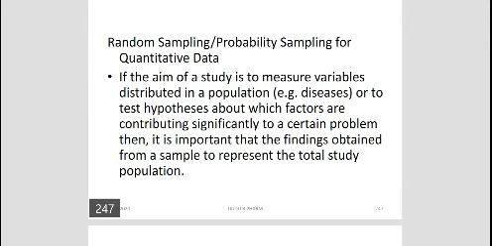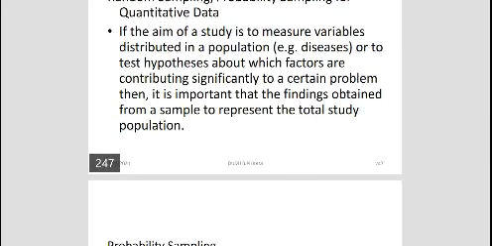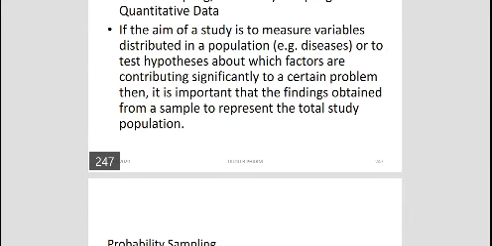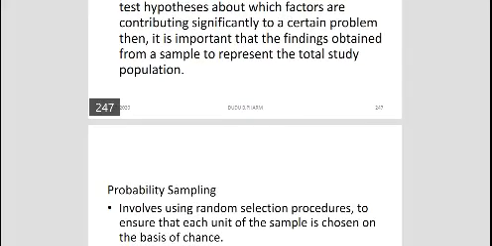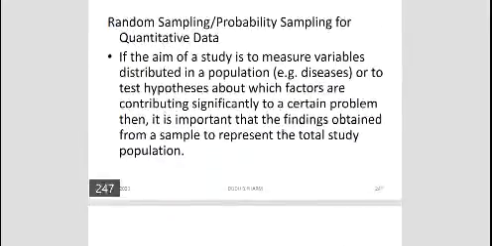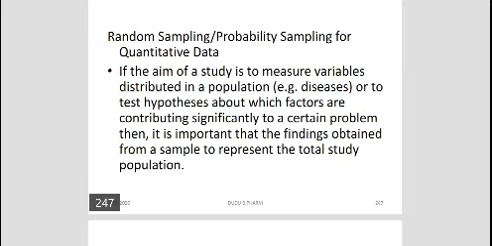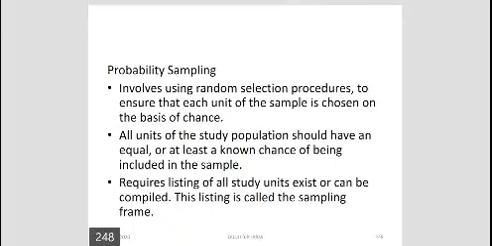If the aim of the study is to measure variables distributed in a population, for example diseases, or to test hypotheses about which factors are contributing significantly to a certain problem, then it is important that the findings obtained from a sample represent the total study population.